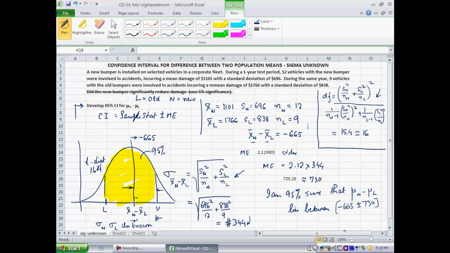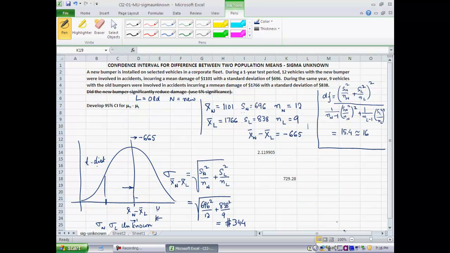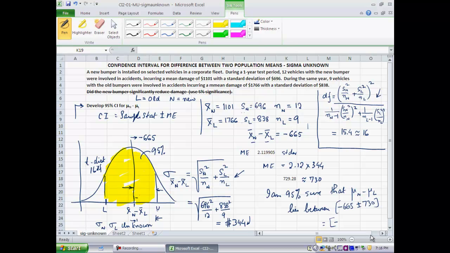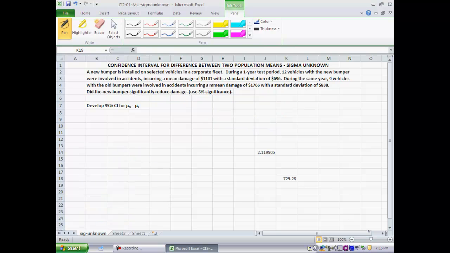Okay, so that's the upper limit and lower limit, or you can rewrite this as, let's see, if we add up 665 and 730, that would be 1395, so minus 1395 on one hand, and that's the lower limit of the confidence interval.